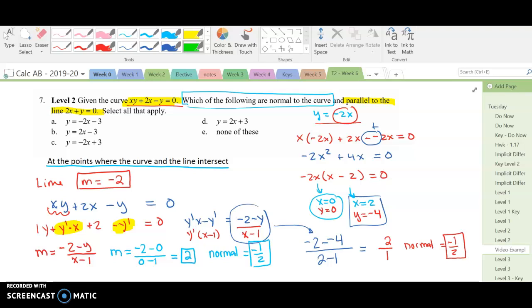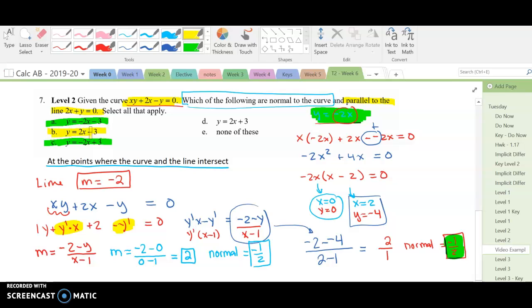And so as we look at this, A and C are parallel to 2x plus y equals 0, or y equals negative 2x. The problem is they're not normal or perpendicular to negative 1/2.